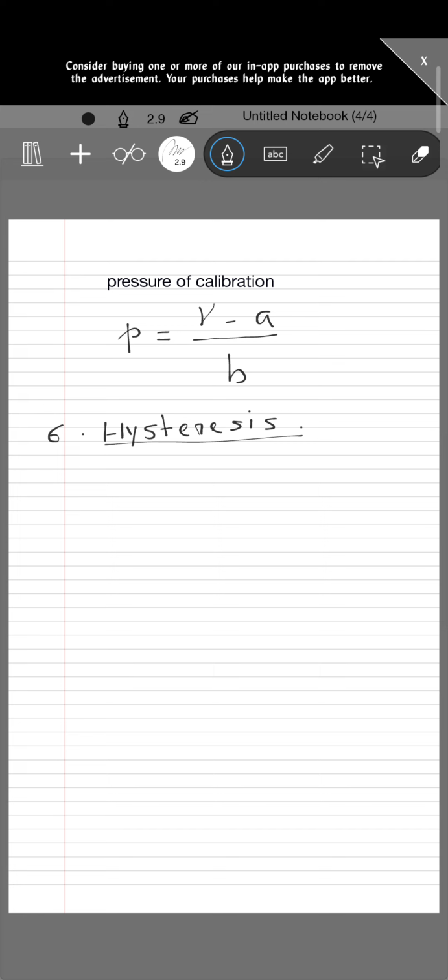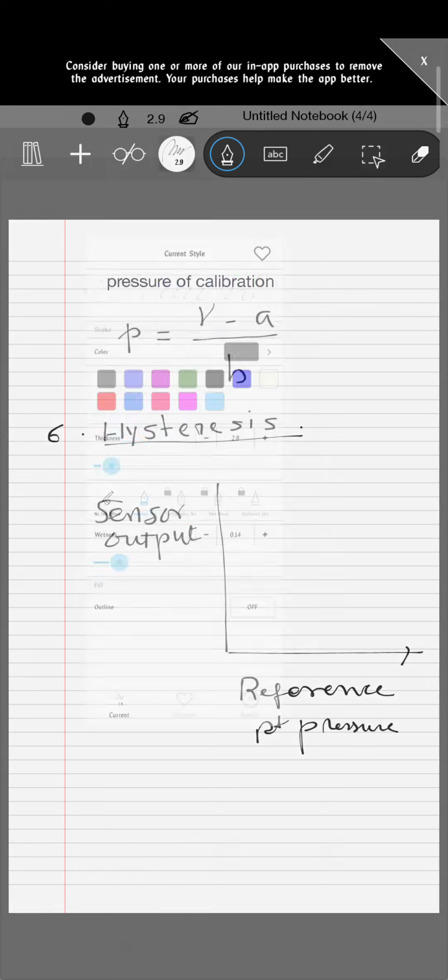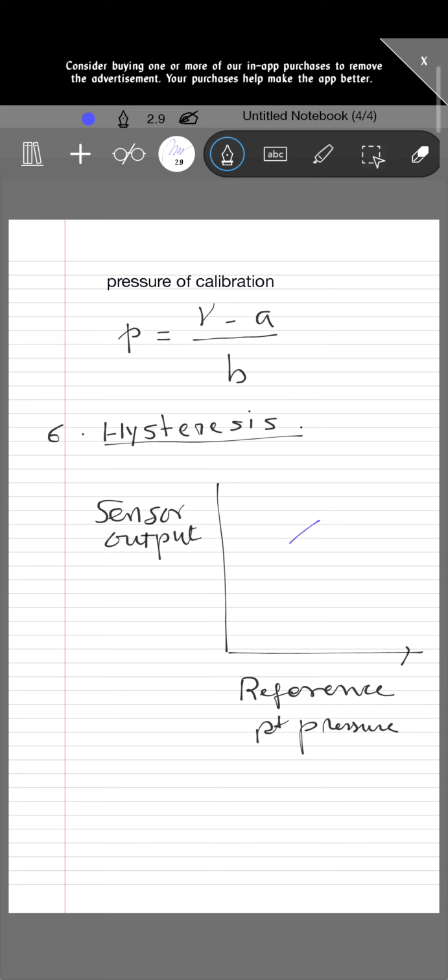Okay, so if we have, say, the sensor output on the y-axis, and the reference point pressure on the x-axis, then the hysteresis plot may look like this.